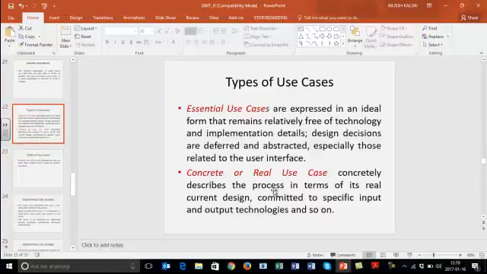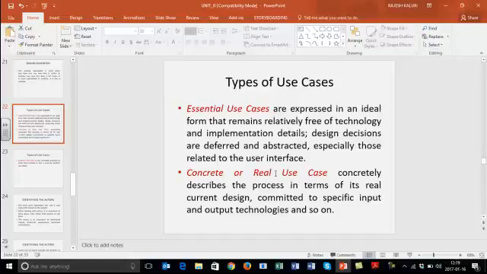Now coming to the first one, what is essential use case? The name itself says, whenever a use case is needed. So I'm just giving a point here. Essential use cases are the ones which are expressed in an ideal form and remain relatively free of technology and implementation details, and the design decisions can be deferred and abstracted, especially those related to the user interface.